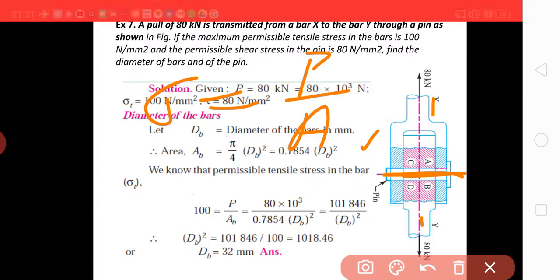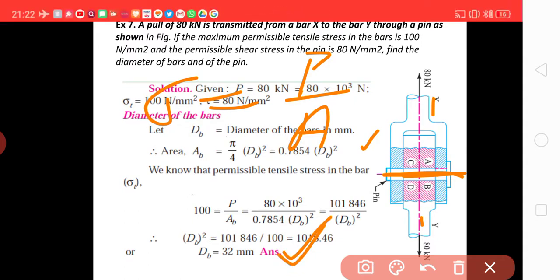The working stress is given, which is tensile, 100 Newton per millimeter square. So 100 equals P upon A of the bar. So the area is now in terms of diameter. So on calculation, the diameter comes out to be 32 mm.